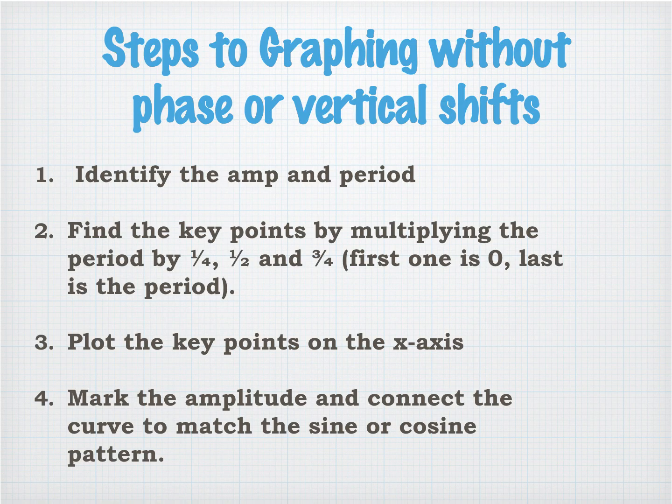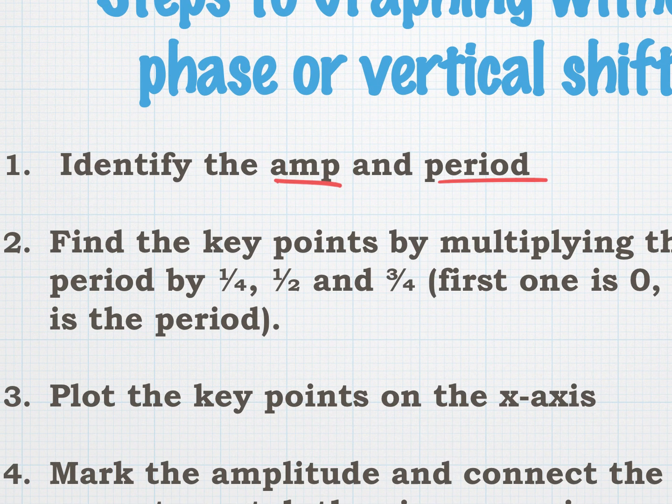All right, so what I do to graph a sine or cosine function, the first thing you need is to find the amplitude and the period. The next thing you want to do is find 5 key points.